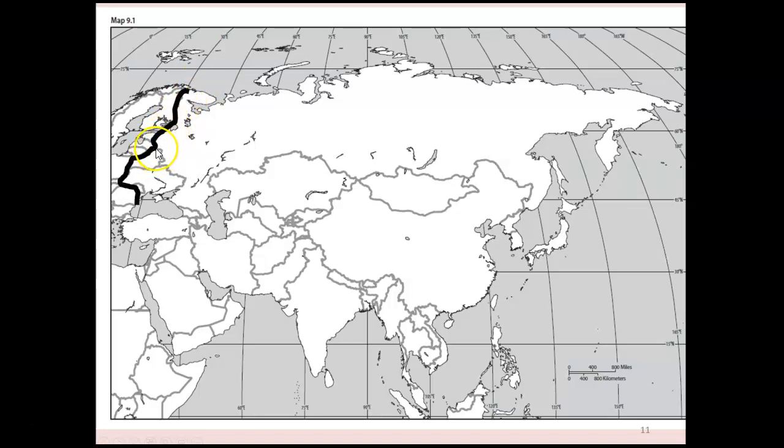You're going to jog a little bit to the west here, and then draw around Ukraine and jog up and over to this body of water here. Then you are going to scoop up that peninsula. You're going to draw a line along the northern border of that body of water.